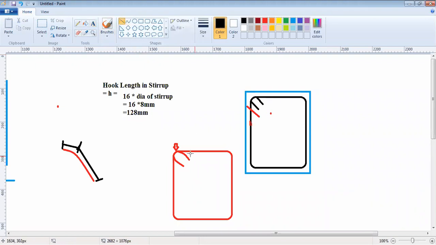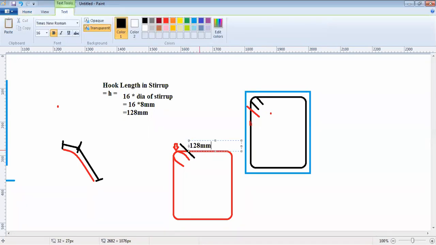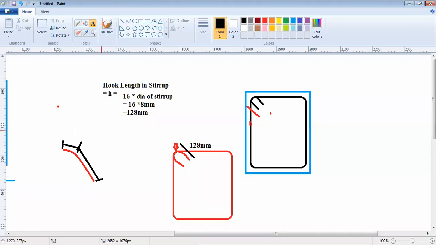It's in this case. So this has to be, including the bend, 128 mm. So in total, from this point up till this point, it has to be 128 mm, the hook length.